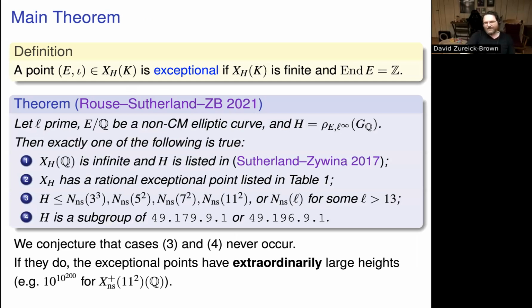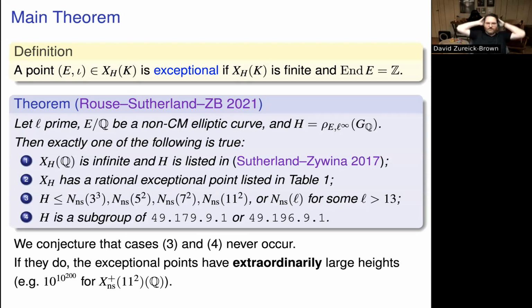So our main theorem is a conjectural classification of the exceptional points on the l-adic level modular curves.